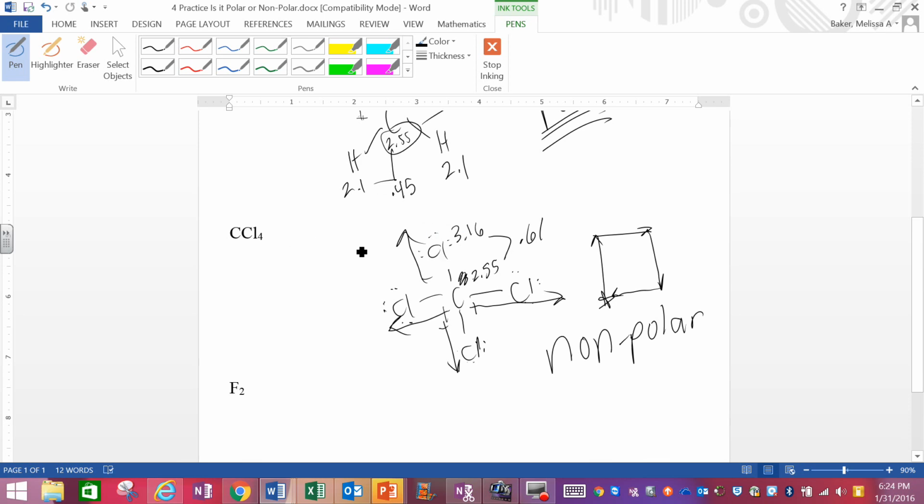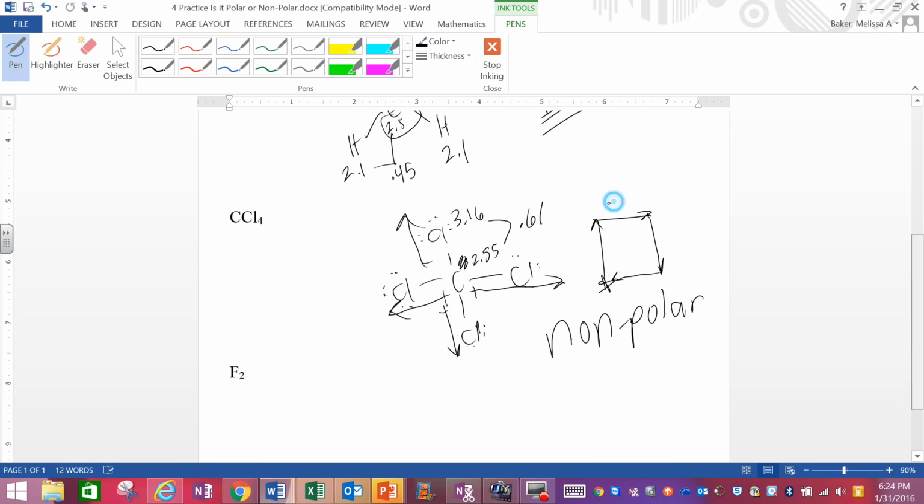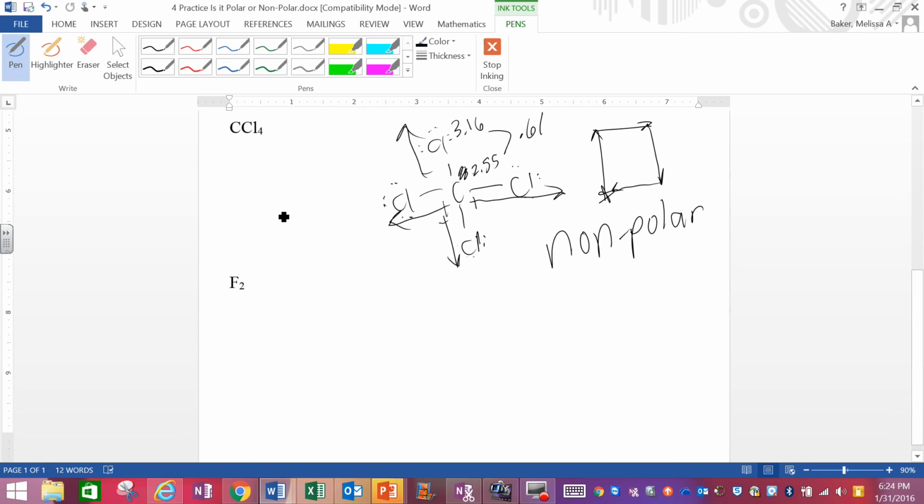Now I made it seem like this was a two-dimensional molecule. In 3 dimensions, even with the tetrahedral shape, those pulls still cancel out. Finally, we've got F2. F is the most electronegative, but if there's 2 of them, neither side wins. They both have an electronegativity of 3.98. So they're going to have an equal sharing of electrons, just like CCl4.